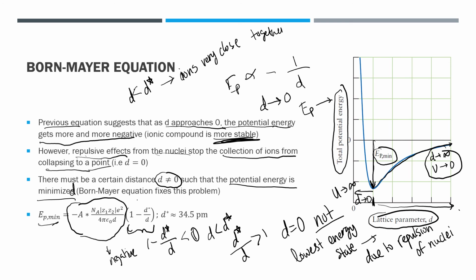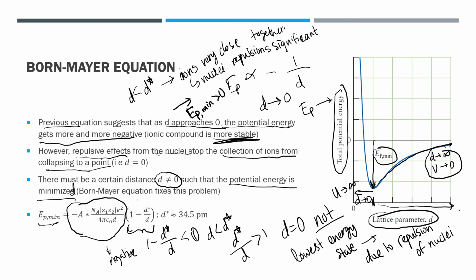Nuclei repulsions become significant, and when nuclei repulsions are significant, the potential energy should increase. And we see that with this equation because our potential energy is greater than 0. It's positive because we have a negative term multiplied by another negative term.